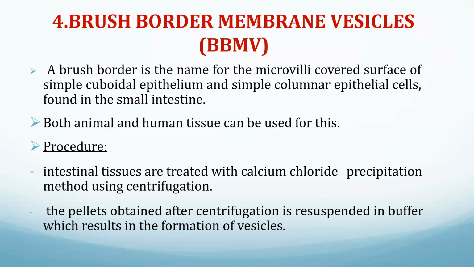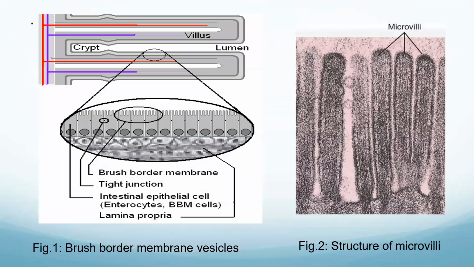These enzymes are useful for the final part of digestion, and they allow the absorption of the digested nutrients. The brush border cells are found in which organ? Tell me, what is the organ name? Small intestine. This is where absorption takes place. This is about brush border membrane.